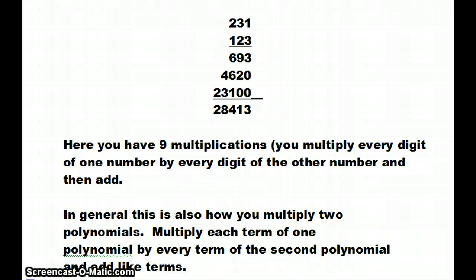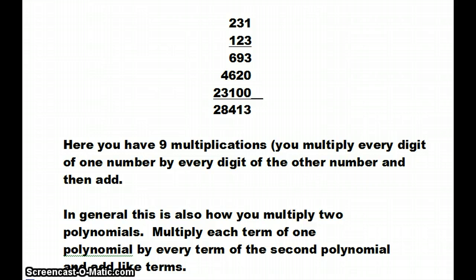If we look at this problem, we have 3 things times 3 things. And when we have those multiplied, we end up with 9 multiplications. The zeros that we have in there are for placeholders. We took the 3 from the 123, and we took the 3 times the 1, the 3 times the 3, and the 3 times the 2, and our first line, after we drew our line underneath there, we got 693.